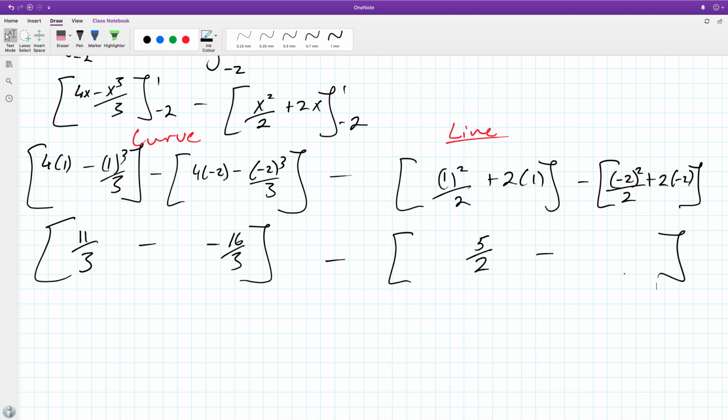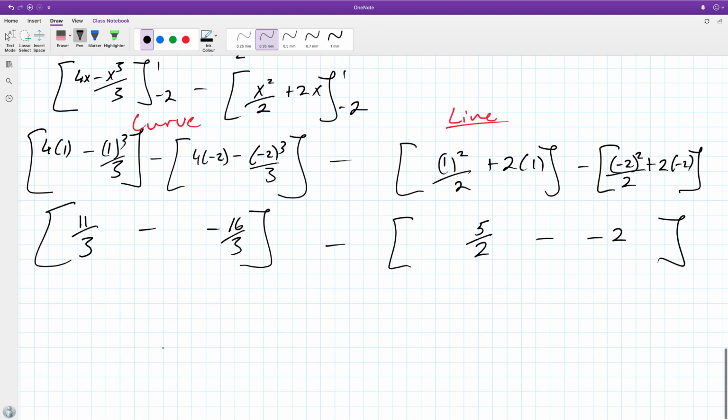Minus, minus 2 squared over 2 plus 2 times minus 2, which is minus minus 2. Right, that is 11 over 3 plus 16 over 3, which is 9, minus 5 over 2 plus 2, which is 4.5.